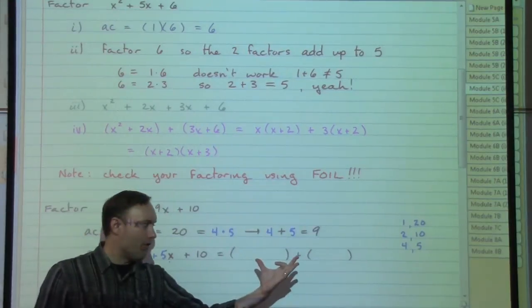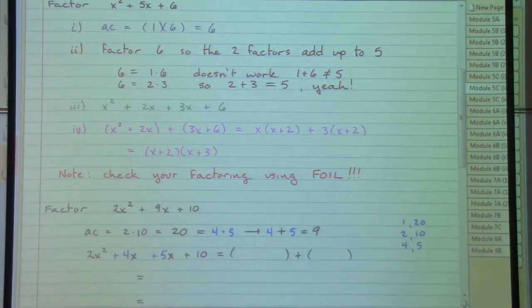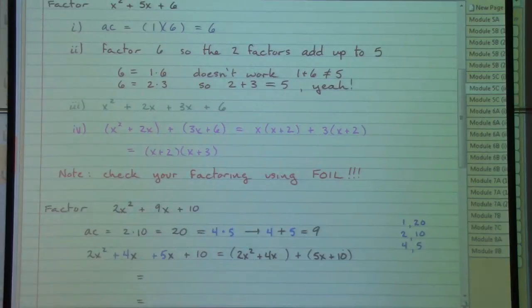Grouping steps kind of already planned out here, that I'm going to put my first pair inside a set of parentheses, and I'm going to put my second pair inside a set of parentheses, and I'm going to have a plus sign in between them. From that first pair, we can break off a 2 and an x, and that will leave us with x plus 2.